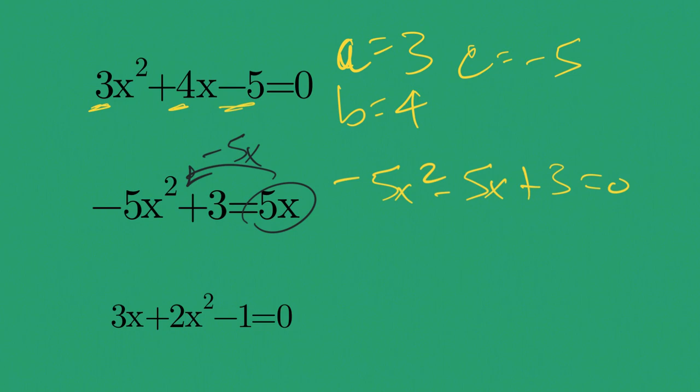Is everybody okay with that? Okay? So here it is. What's the value of A? -5. Value of B? B? -5. And C? +3.